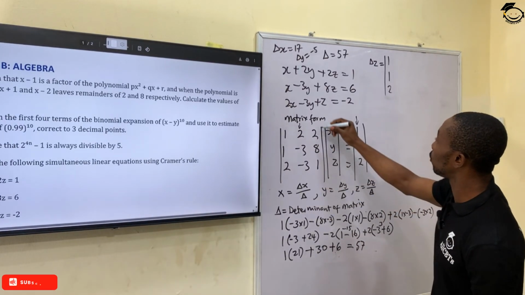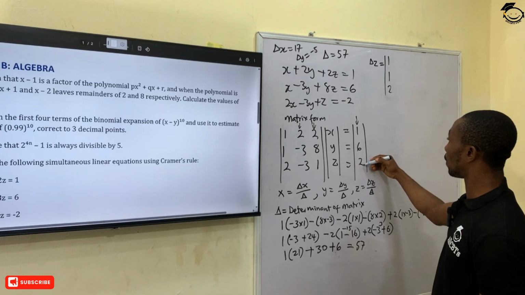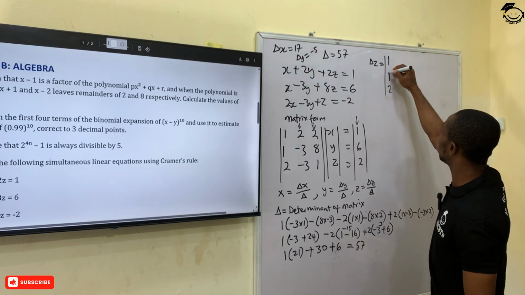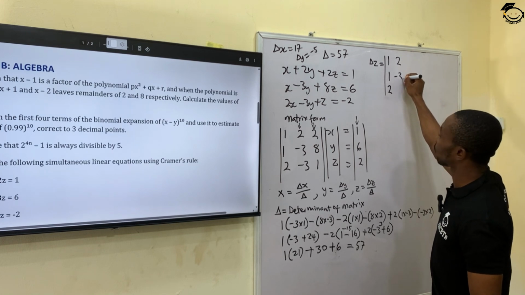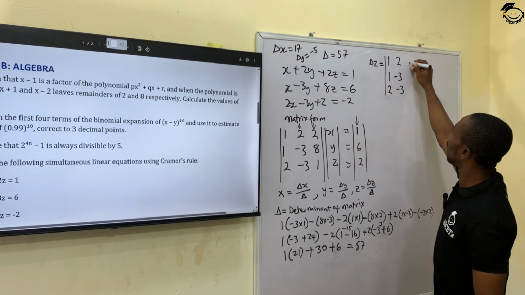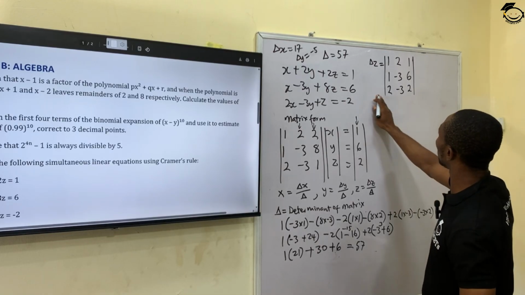For delta z, we'll now change our last column to our constant. This becomes 1, 1, 2, 2, minus 3, and 1, 6, 2. All right, now we'll find the determinant of this.